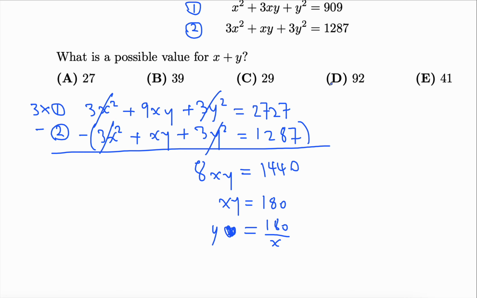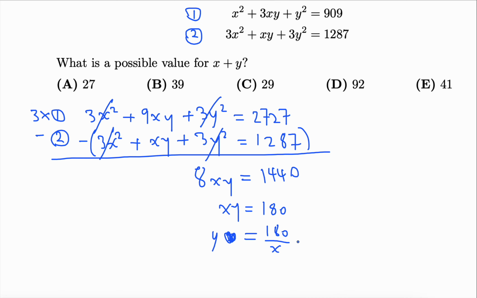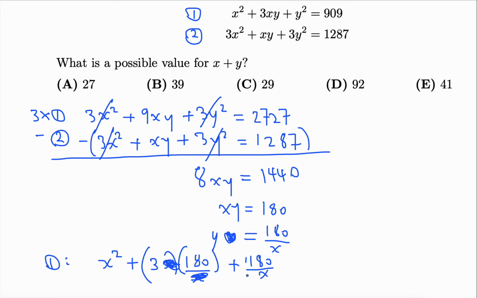Then we could plug this into the first equation using substitution, and that's going to give us x squared plus 3 times x times 180 divided by x, and the x's cancel out, so it's just 3 times 180, and then plus y squared. y squared is just 180 over x, all squared, equals 909.